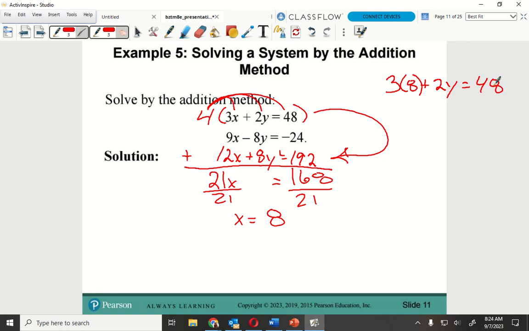Okay, so let's go through and see if we get the same thing. All right, so 3 times 8 is 24. Oh, yeah. Plus 2y equals 48. Now, I want to get my 2y by itself, so I'm going to take away 24 from both sides.